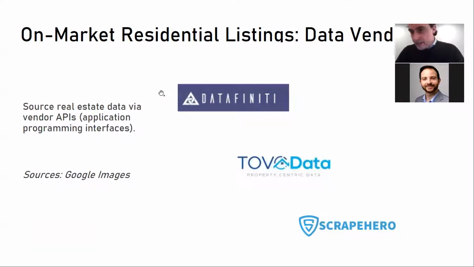And then there are vendors. There are some interesting vendors. One is Data Affinity, which has incredibly rich rental listings data, also on the commercial side. On the commercial side, this is very useful for modeling, and I'm going to come to that later. So Data Affinity is one vendor. Tovo Data is another, and then there are companies that would do the web scraping for you, like Scrape Hero.